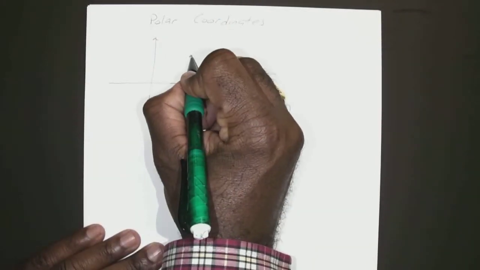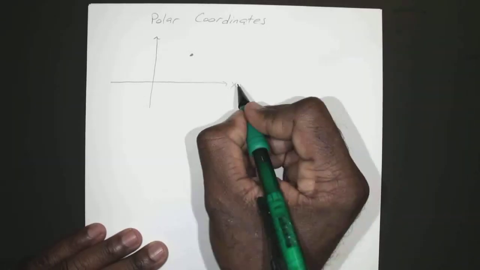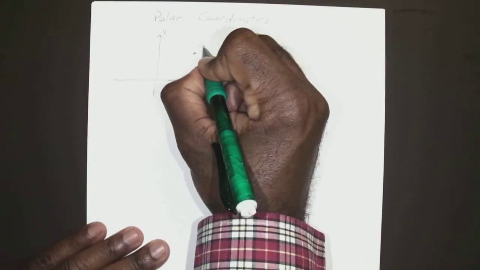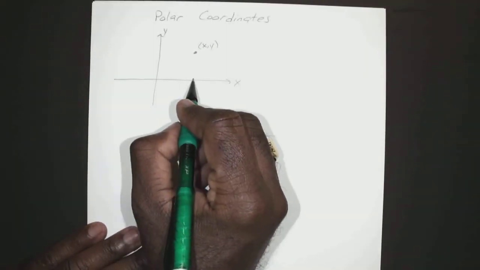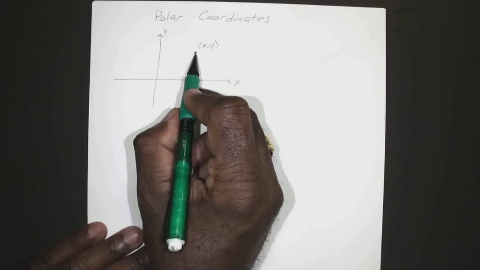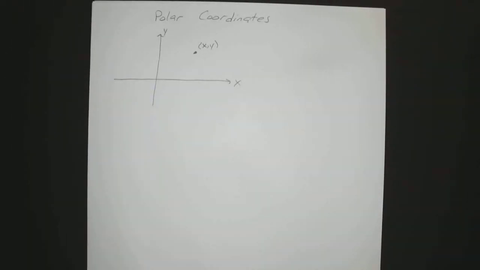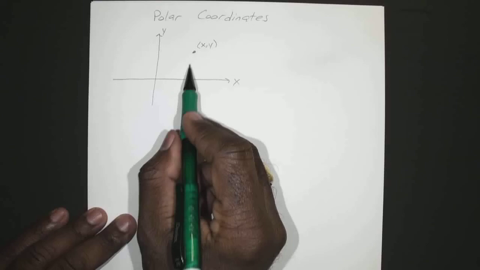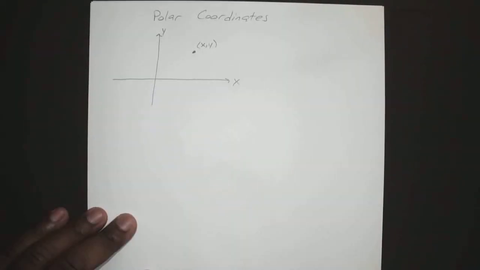So let's say if we have some point here, this is our x-axis, this is our y-axis, and this is our point x comma y, where we go x points to the right and y number of points up, which gets us right there. With polar coordinates, they change it from just going x comma y, just going to the right and up, or to the left and up, or to the left and down, or to the right and down.